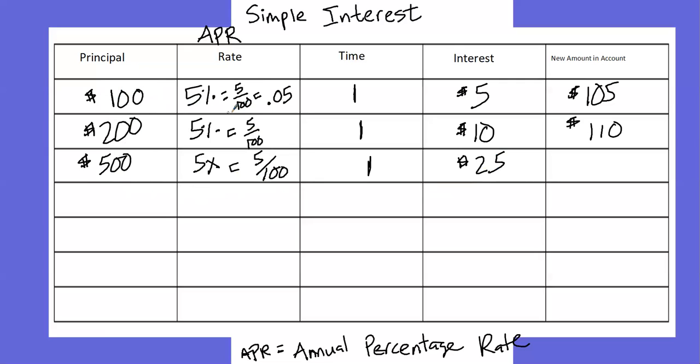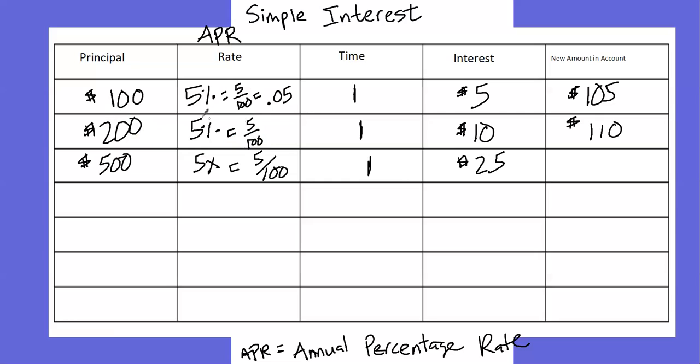If you take 100 times 5 hundredths, these hundreds would cancel out, and you'd just be left with 5. If I take 200 times 5 hundredths, think of this 200 as 200 over 1. You can cross reduce. The 200 and the 100 would become a 2 and a 1.